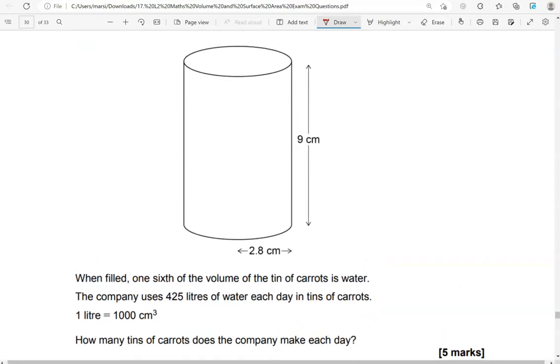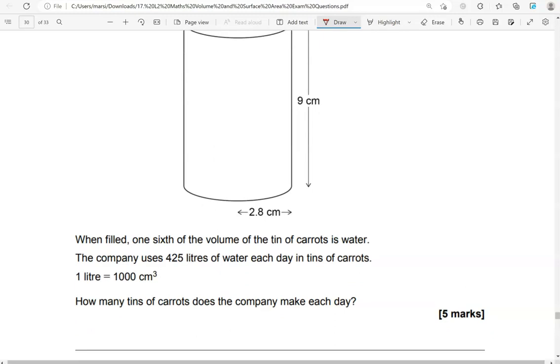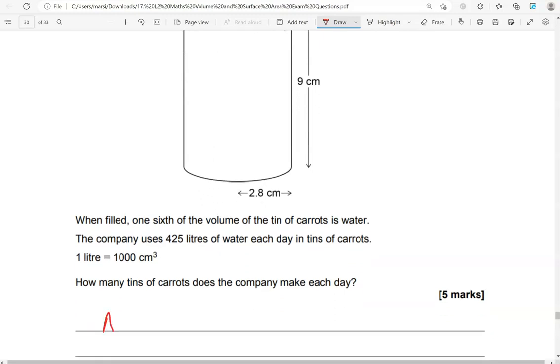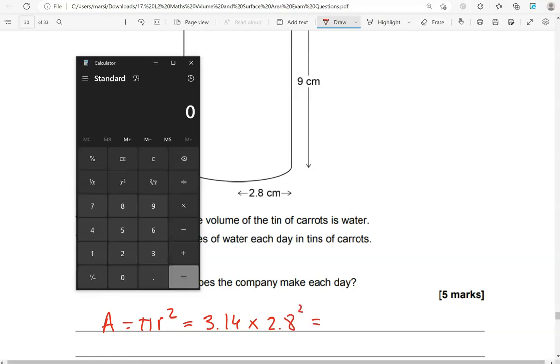So we've got to work out the volume of the cylinder and then work out how many liters in the tin. To work out the volume, we'll need to work out the area of the base, which is pi r squared. So 3.14 times 2.8 squared, which is 24.6176.